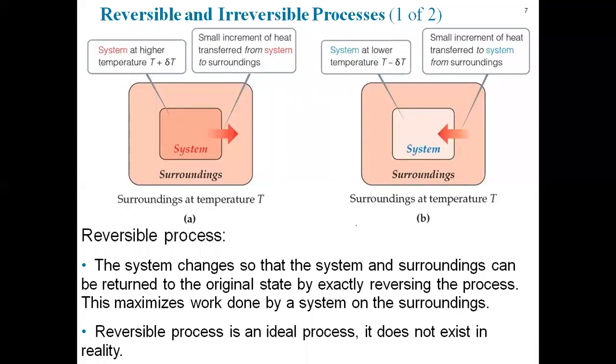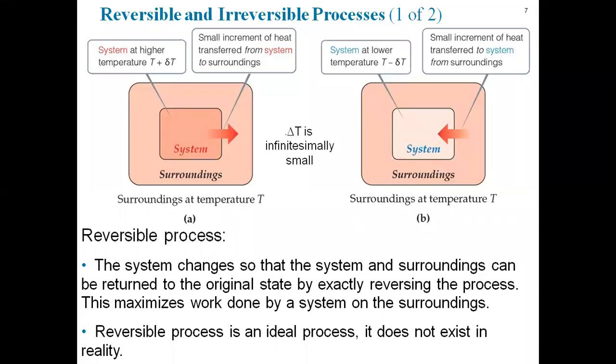Okay, so to make a process reversible, we see the picture on the top of the screen. For example, the heat exchange between system and surroundings can be imaginarily made reversible by thinking about a very, very small temperature difference between system and surroundings.